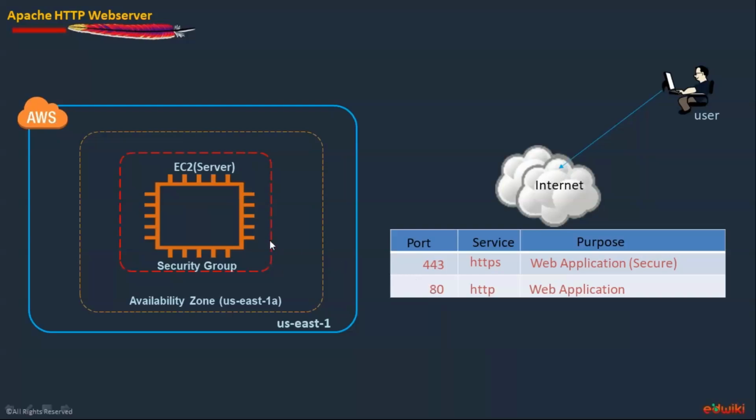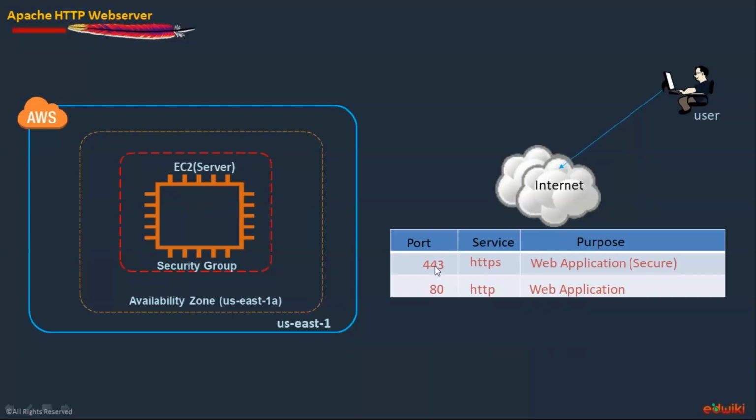Here HTTP is one of the services that provides the web application to users on port number 80. HTTPS is the service protocol that gives you the web application in a secured manner to the client on port number 443.